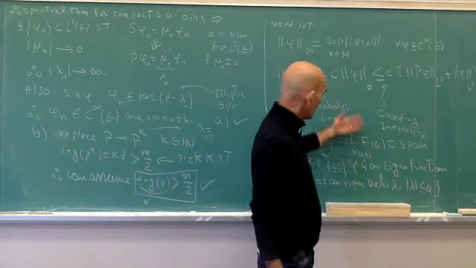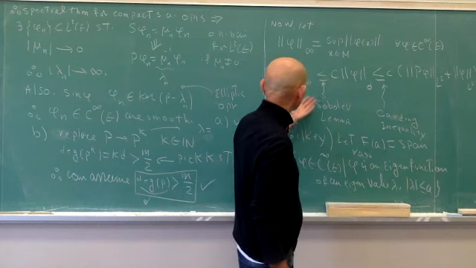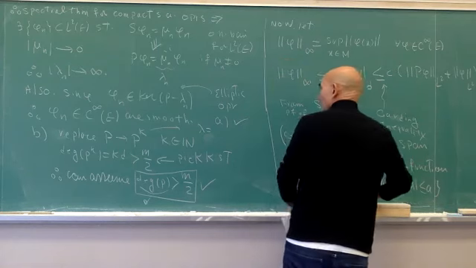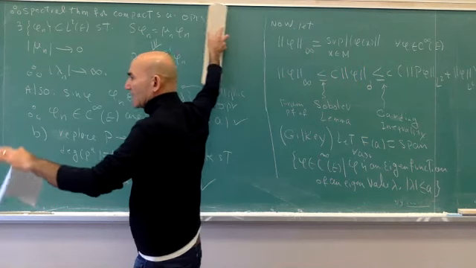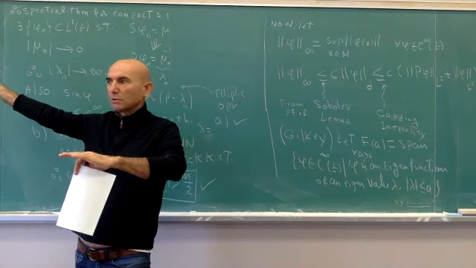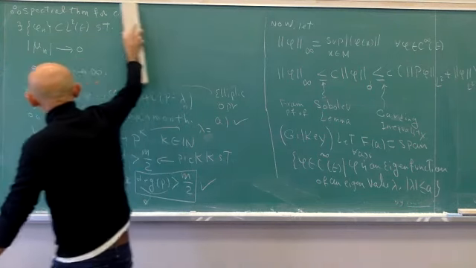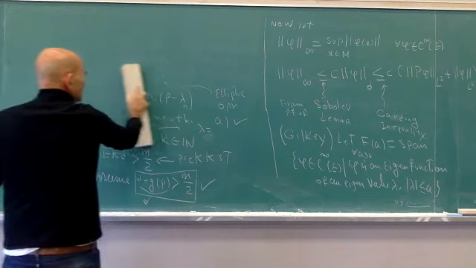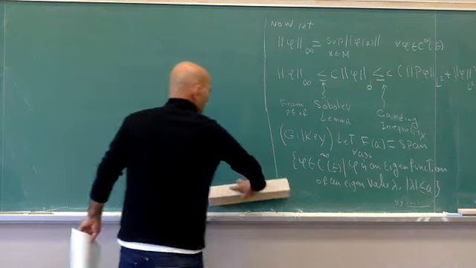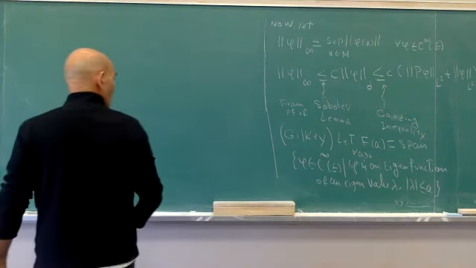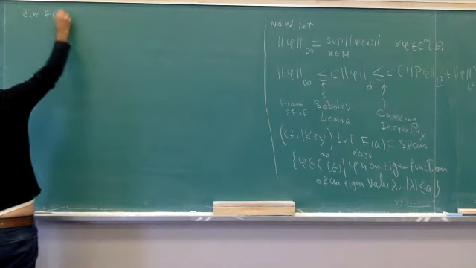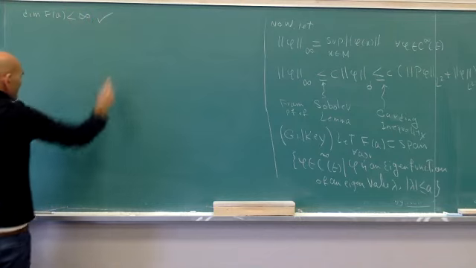So the total dimension of the space F of A is finite. We're just looking at the initial part, up to some point, of the spectral decomposition. So this we know.